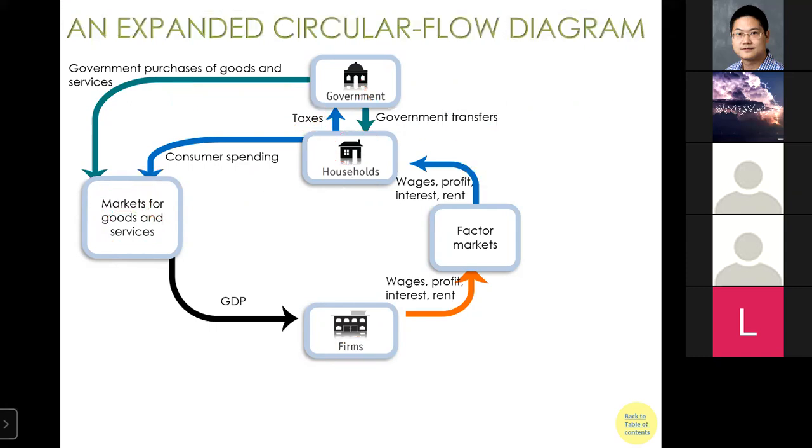Now we keep going. Sometimes the households may save, or sometimes the government's tax cannot cover their spending, right? So here, the government has tax, and then they have transfer and spending.